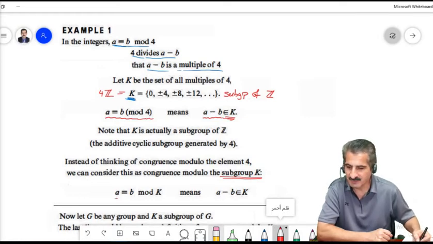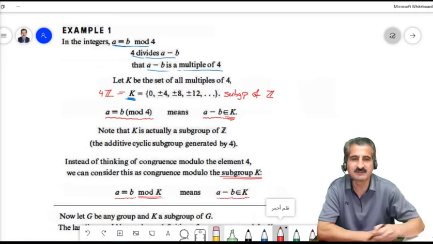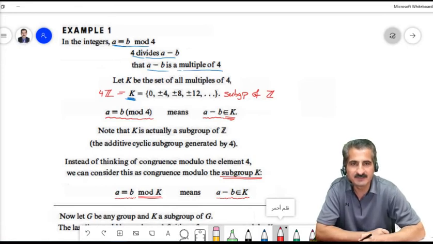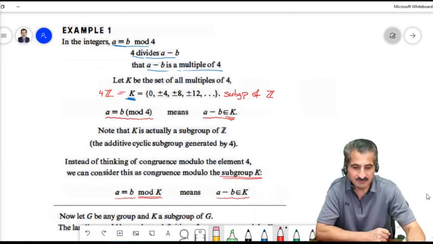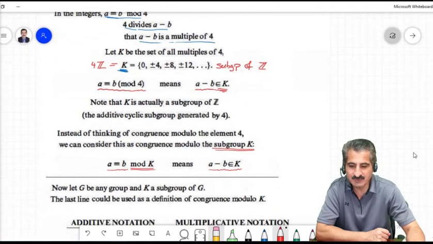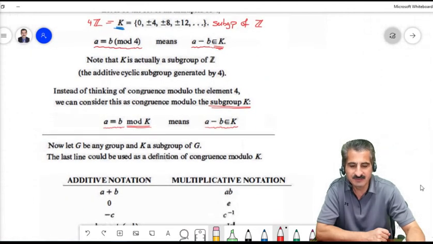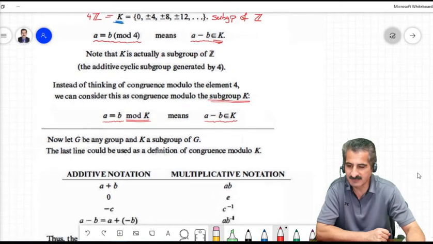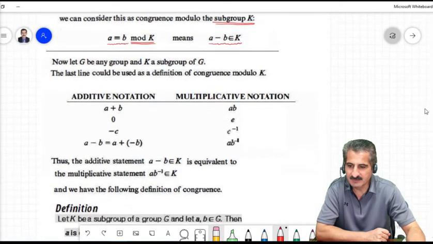Again, here we will say a is congruent to b modulo K if and only if their difference lives inside K, and K here is still the subgroup generated by 4, which is 4Z. Now we will use this to generalize the definition of congruent elements to groups in general, not only Z. This is the way we do it.